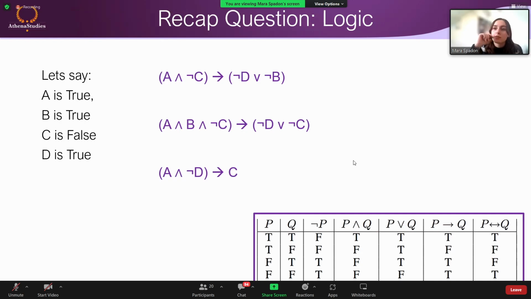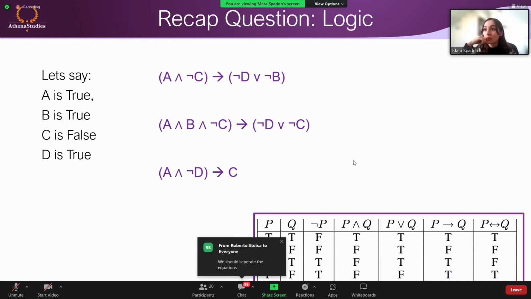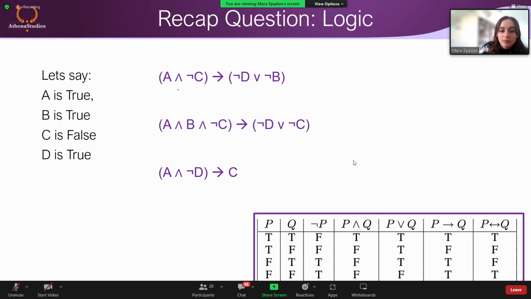How would we go about this question? Or anyone else in the chat? So I think we can start by doing both of these things in brackets and just figuring what they are before we move on to the whole implication.